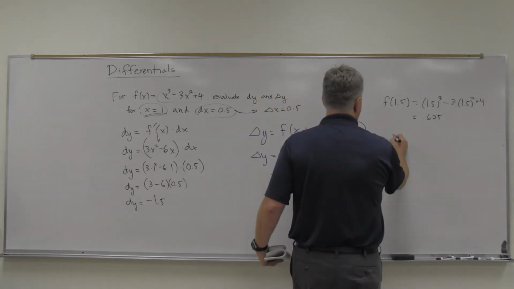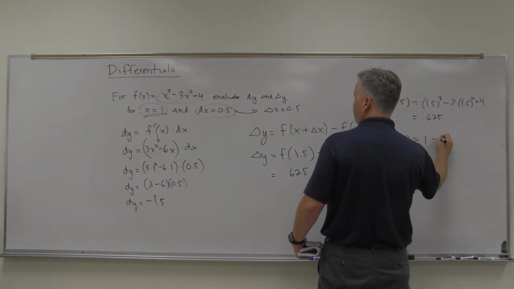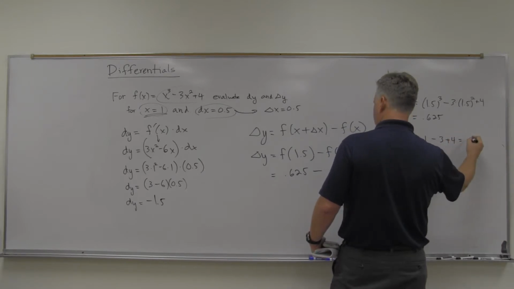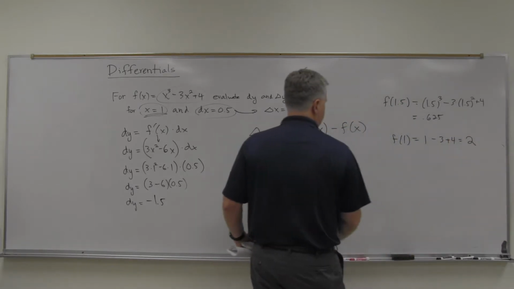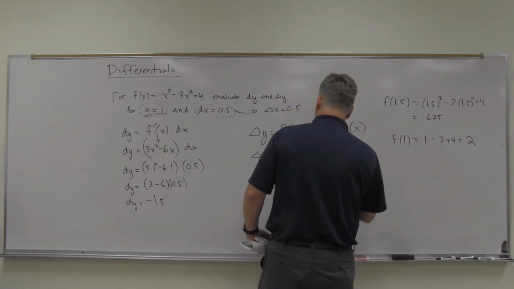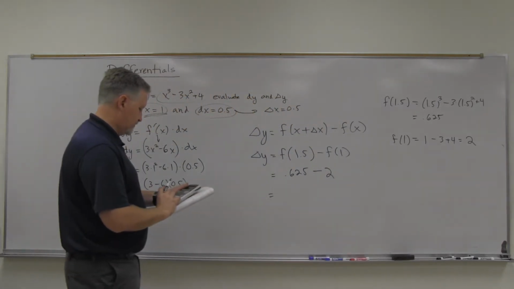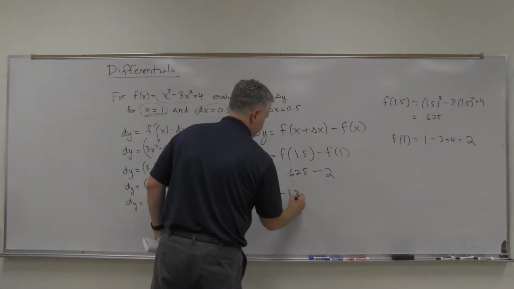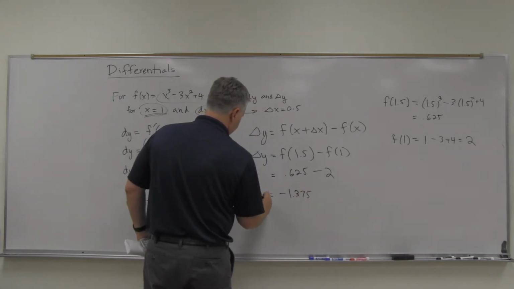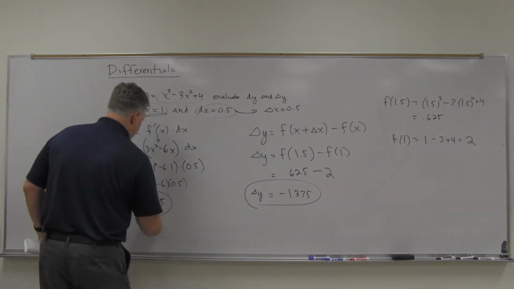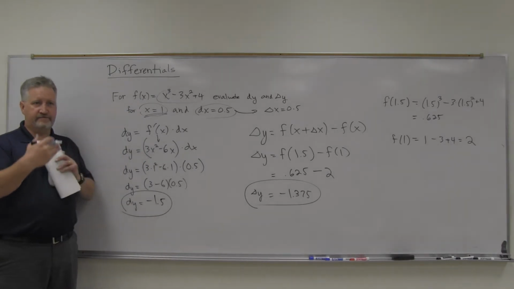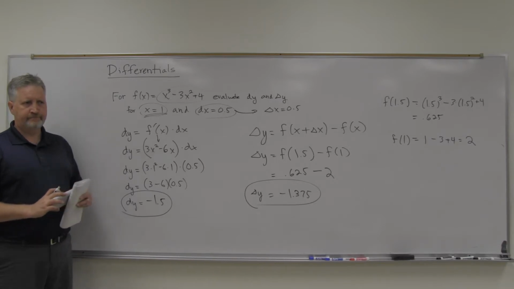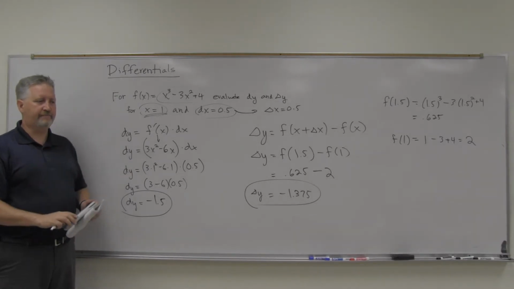And then minus f of 1, so f of 1 is just 1 minus 3 plus 4, so that's 2. So f of 1 is 2. And then 0.625 minus 2 is negative 1.375. Yeah, that again confirms these aren't going to be equal. They should be close unless you choose a large delta x or dx. They're going to be close because of the little gap there.